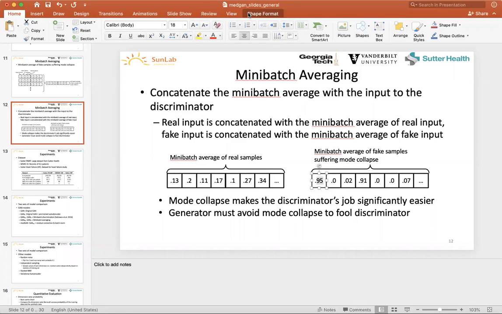By the way, is there any question from the last time, any question that's generally applicable to GAN architecture, or specifically to MedGAN, or about the technique of mini batch averaging? Nope.